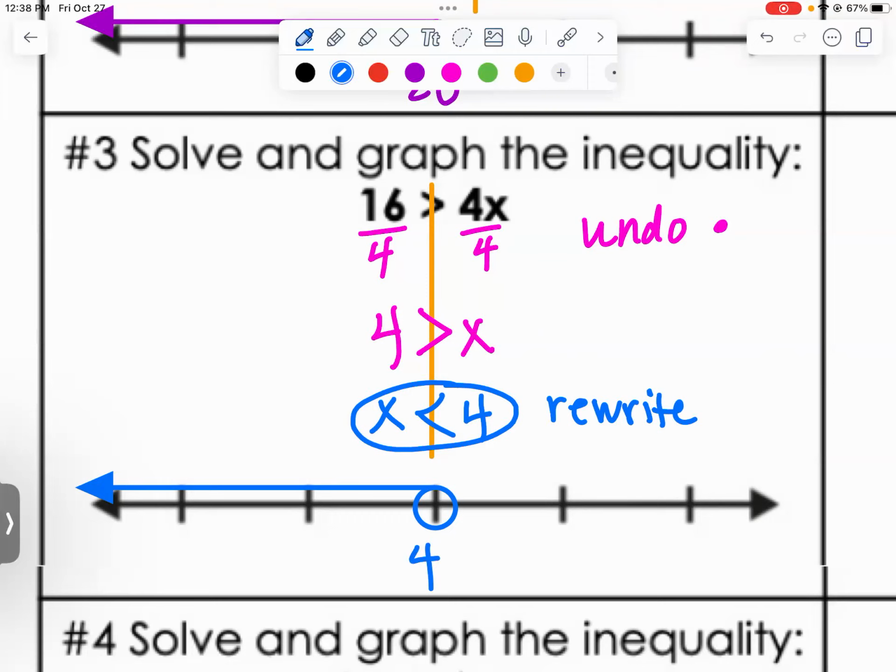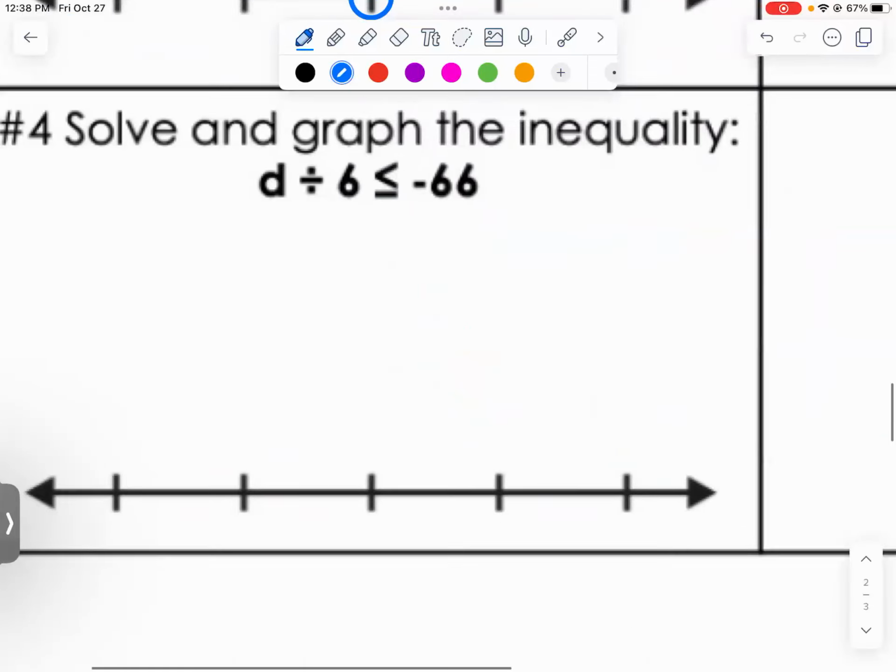I need you to make sure that you have the same thing I do. We do not flip the inequality sign if it's a positive number we're dividing by. Only when it's a what kind of number? Negative that we're dividing by or multiplying by.